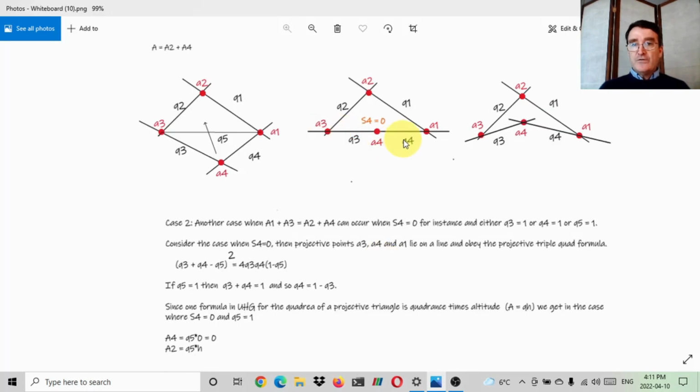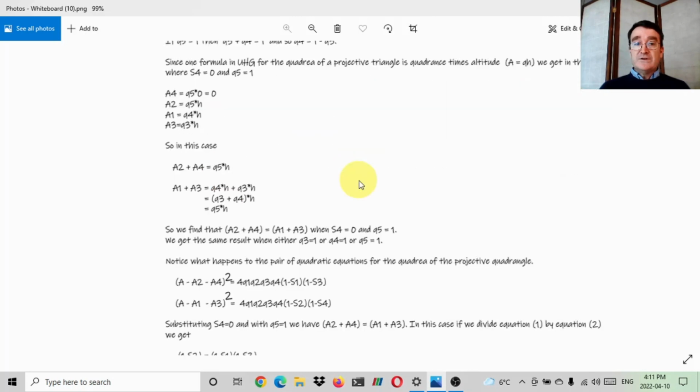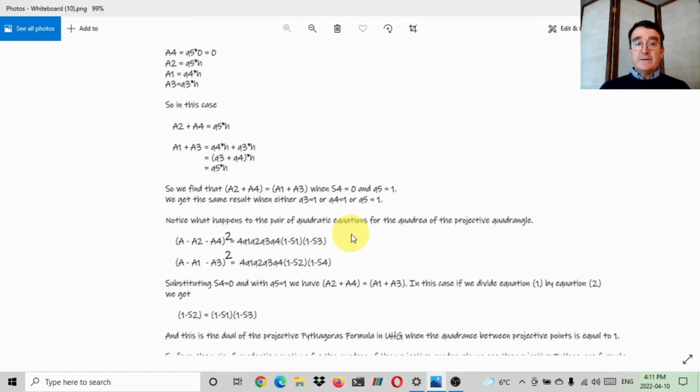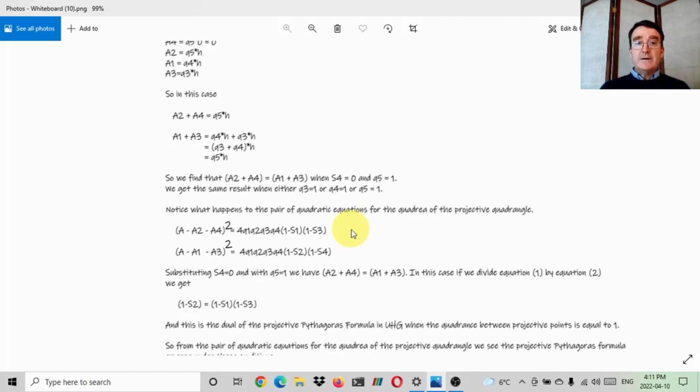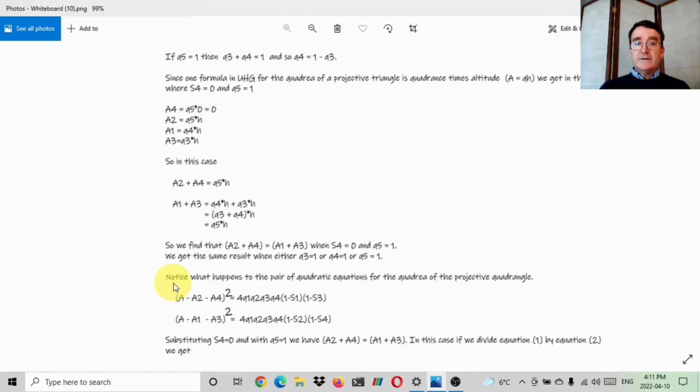In that case, we divide equation 1 by equation 2. For these two equations here, if A2 plus A4 is equal to A1 plus A3, then the left-hand side of both of these equations is equal. The quadrance factor Q1, Q2, Q3, Q4 of both of these are the same.